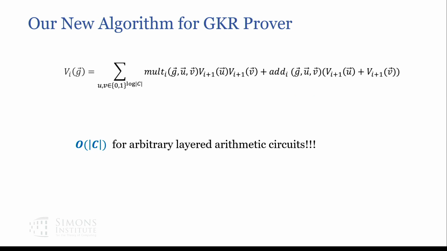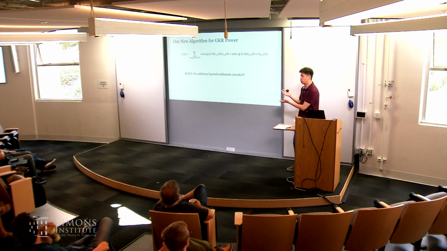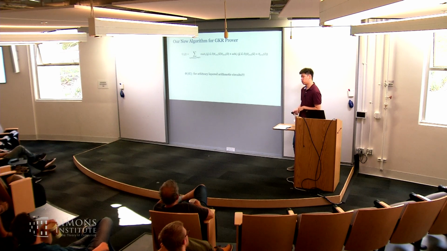Finally, this year, in our paper, we managed to come up with a new algorithm to generate proofs in strictly linear time for arbitrary layered arithmetic circuits, without assuming any structure in the circuit. What exactly does the layer restriction mean? Well, just follow the original GKR protocol: you run one sum check for every layer of the circuit. What does this mean in practice?